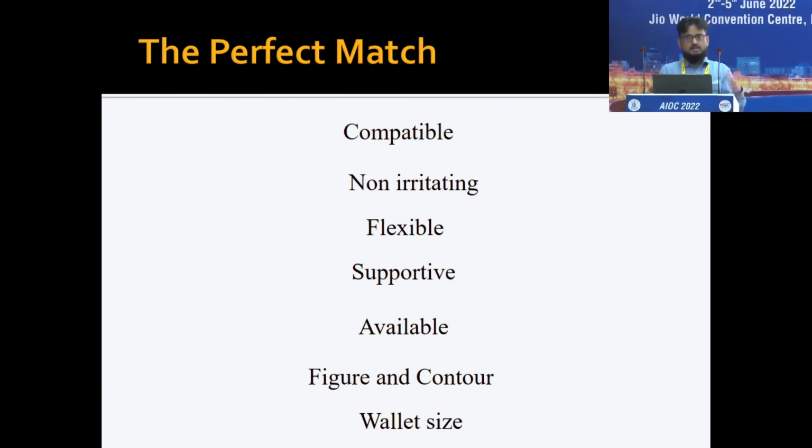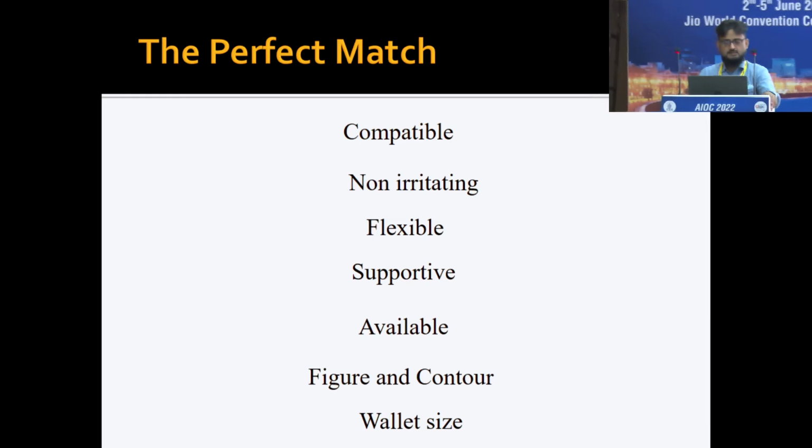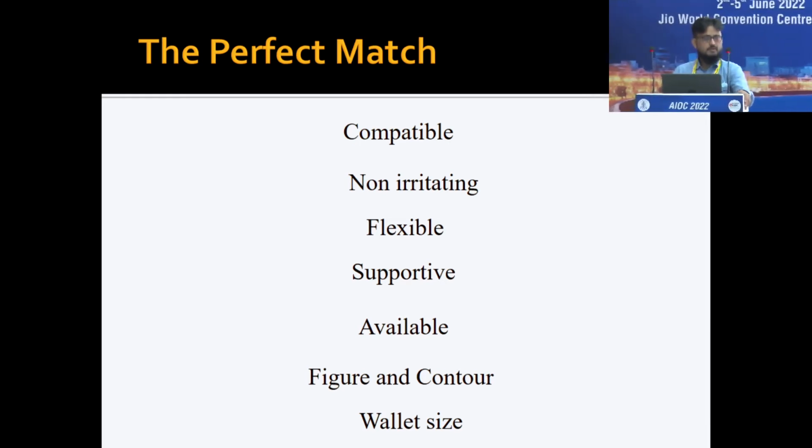So in our life, when we look for our match, these are the things that generally we look for: that our life partner should be compatible, non-irritating, flexible, supportive, available for you in difficult times. Some people also think of figure and contour, and then the wallet size also matters.